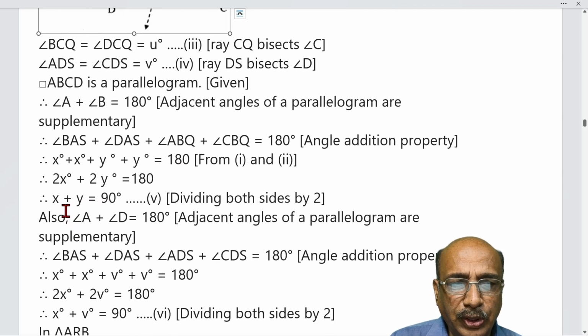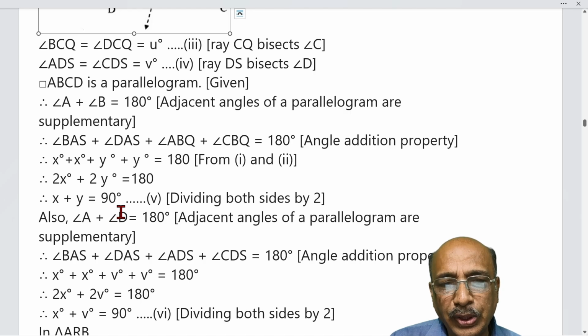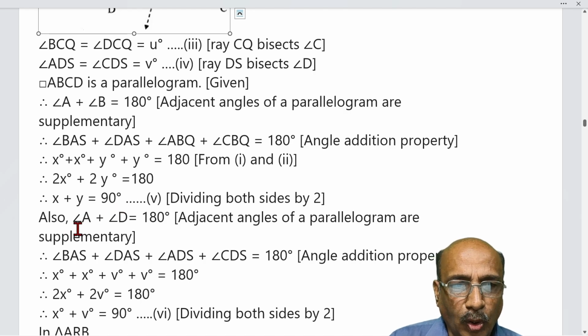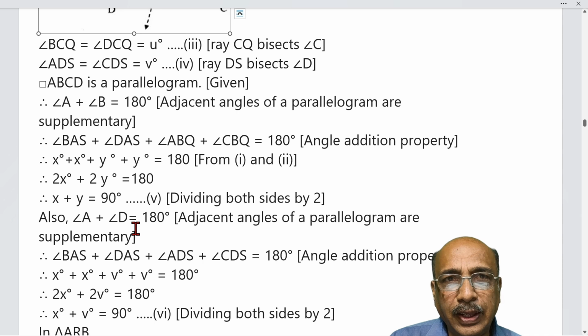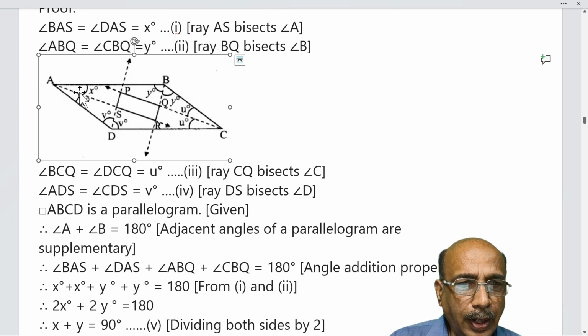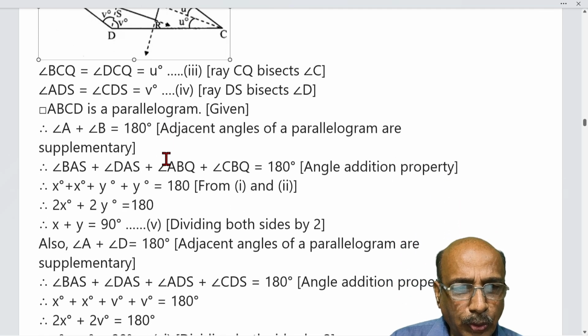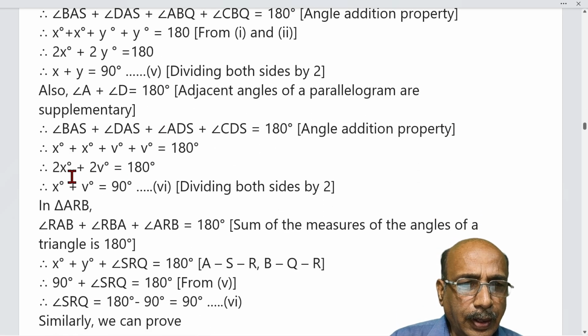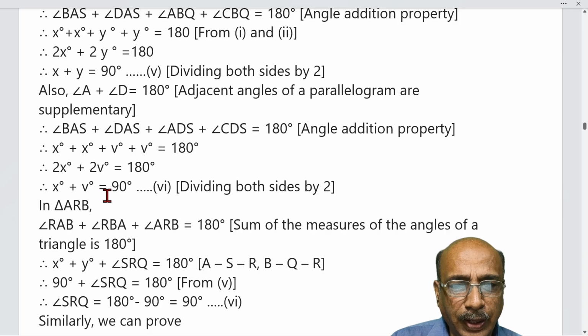Dividing by 2, x plus y equals 90 degrees. Also, angle A plus angle D equals 180 degrees, adjacent angles of a parallelogram. Similarly, 2x plus 2v equals 180 degrees. Dividing by 2, x plus v equals 90 degrees.